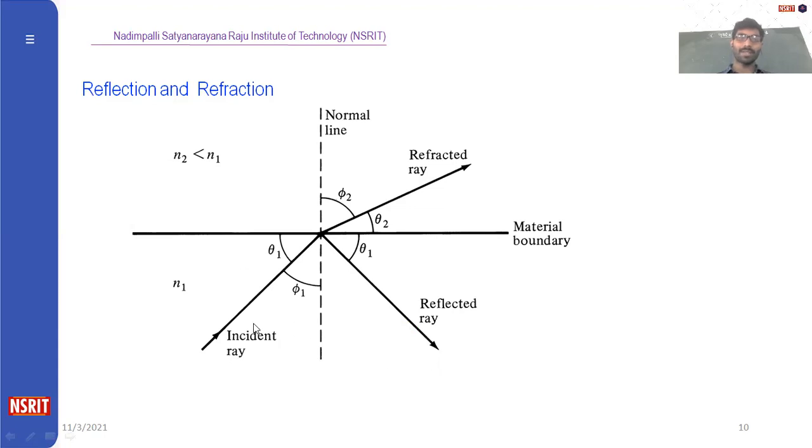That means this is one medium and this is your second medium. In the case of refraction, the light ray is transmitted from medium 1 to medium 2. In the case of reflection, the ray stays in the same medium. Using this property, we are going to check how light transmission is obtained, and it is known as total internal reflection.